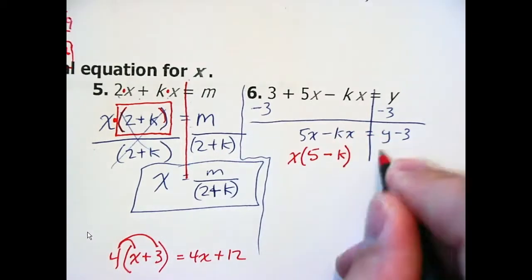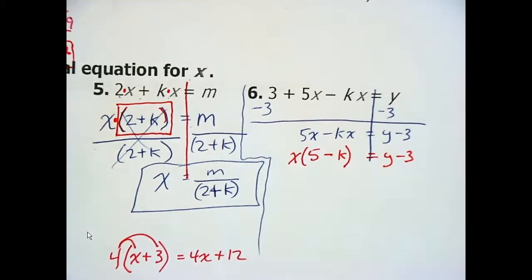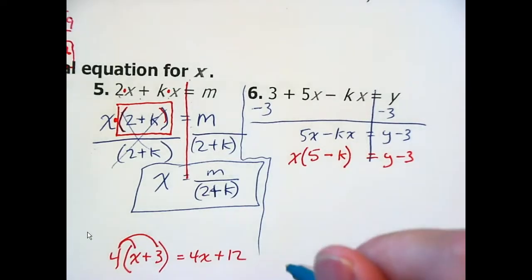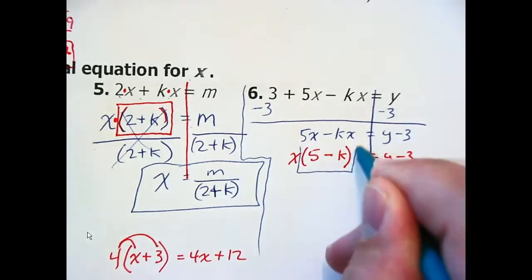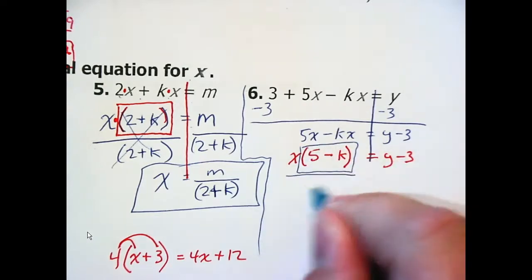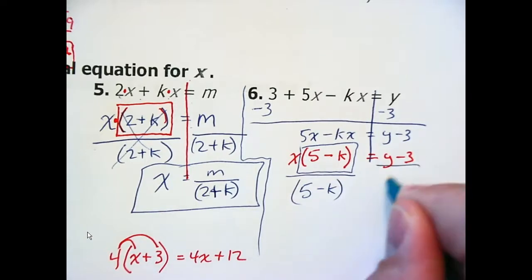Yeah. Okay? All is equal to y minus 3. And now what? Jason, now what? Divide both sides by 5 minus k, the thing they're multiplying by.